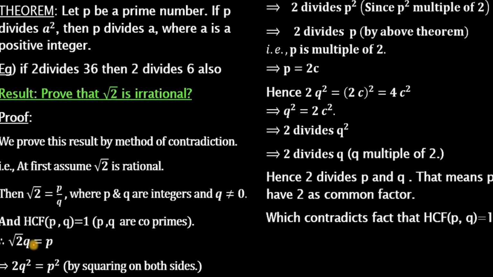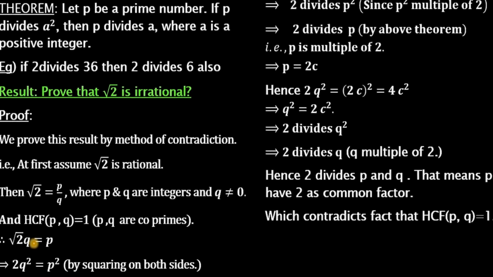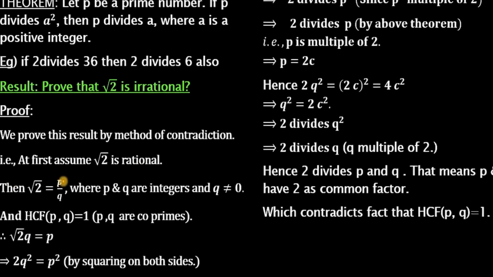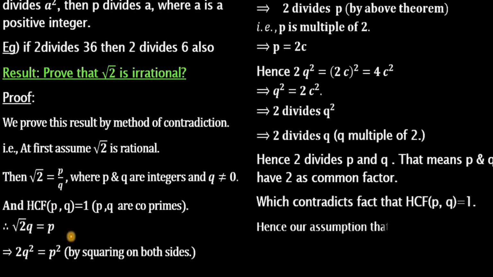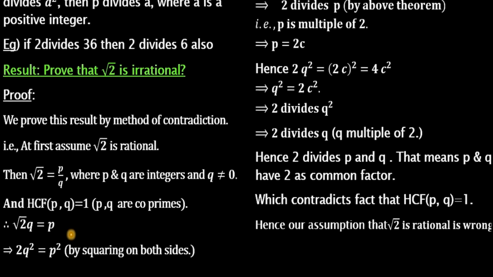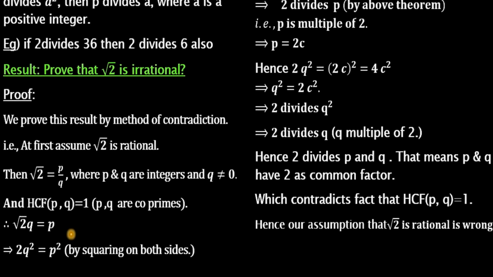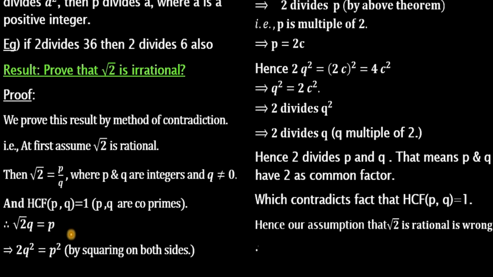So our assumption is wrong. What is our assumption? Root 2 is rational. So our assumption that root 2 is rational is wrong. So what can we conclude? Root 2 is an irrational number.